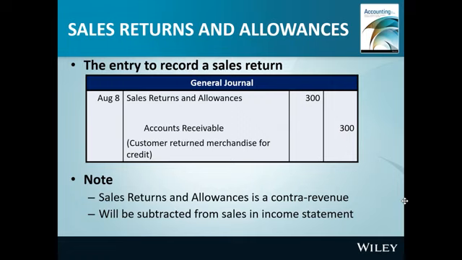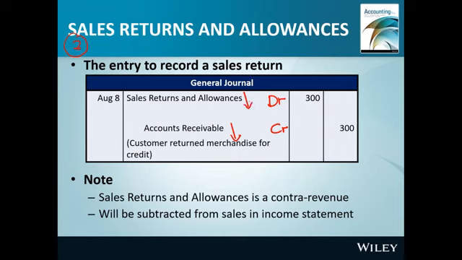If your customer returns the item to you, this is number two. What you should do is you're going to create a new account. You don't use the sales account. You use sales return and allowances. Call it sales return and allowances debit, and you're going to reduce your accounts receivable credit. Your accounts receivable asset reduces, your revenue reduces.